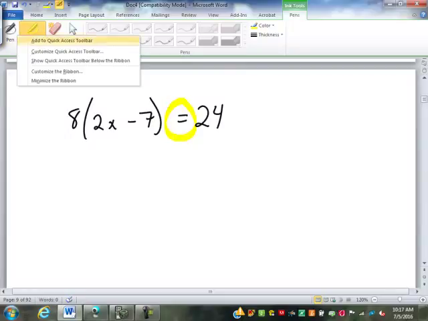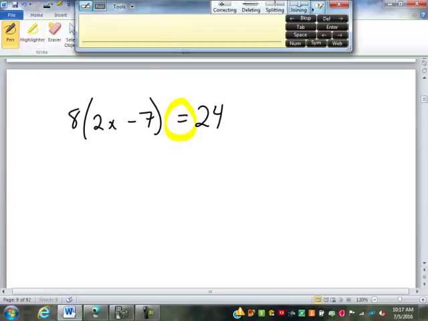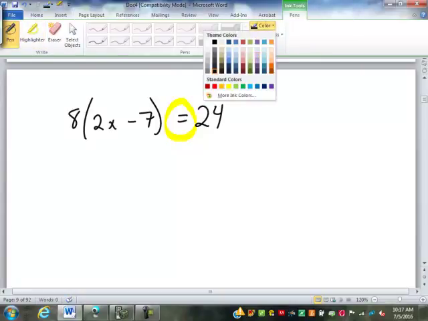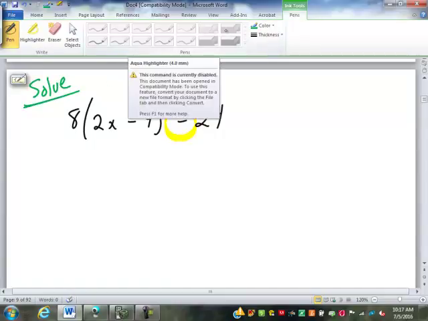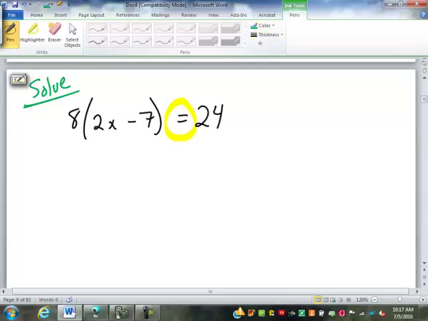The command that you're going to be given on these is going to be solve. Now, when you're asked to solve, that means you're going to be able to reduce it down to a variable equals a single number. So x equals a number in this case. Now, what's different about this than the ones we've seen so far is the fact that it has the parentheses in it.